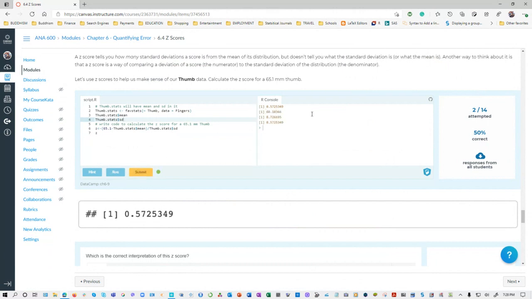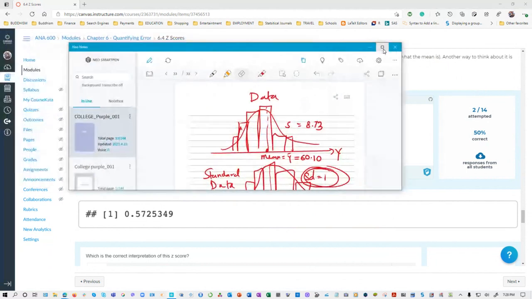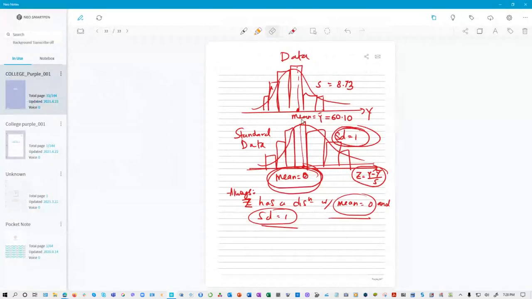See, the mean is 60.1. Standard deviation is 8.72, let's say 8.73 to 2 decimal places. The other one, I'm talking about this one. See, that's the y bar.